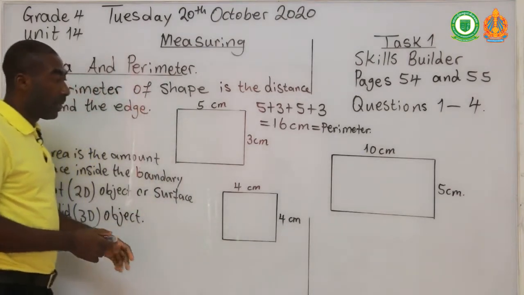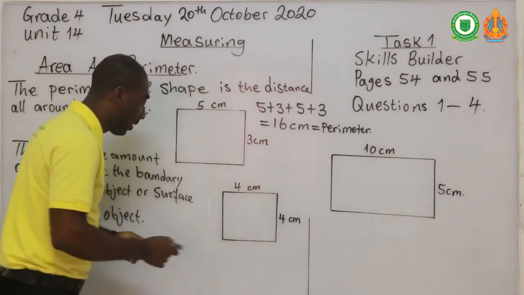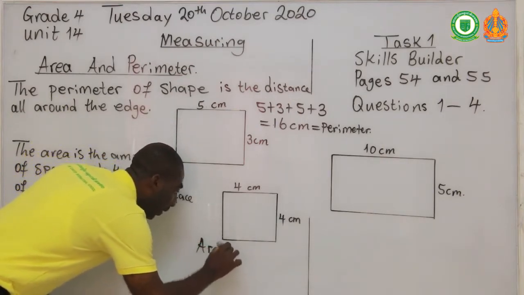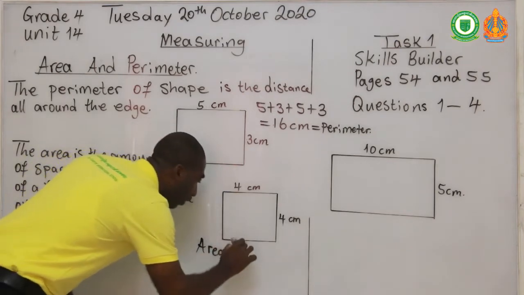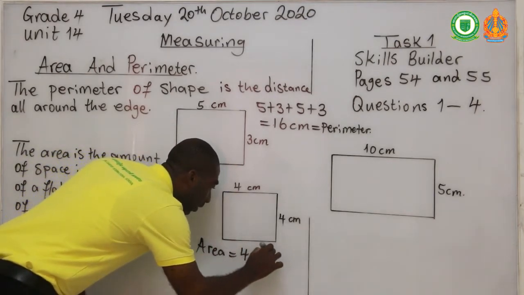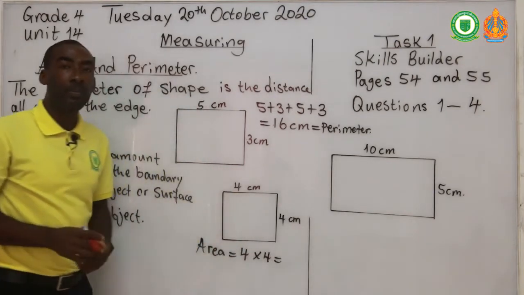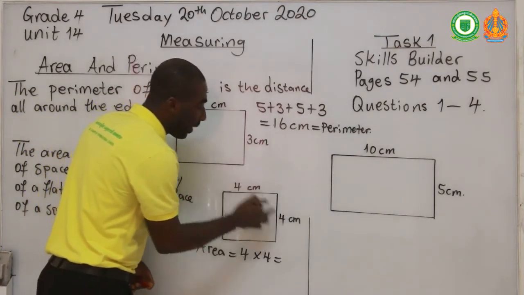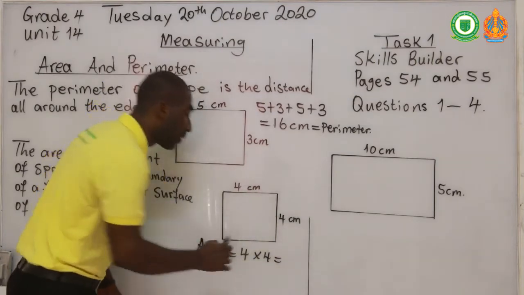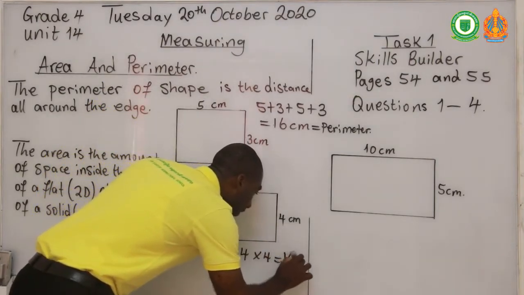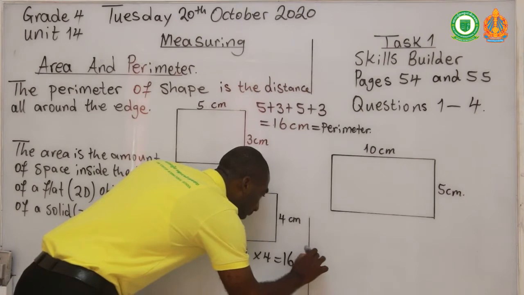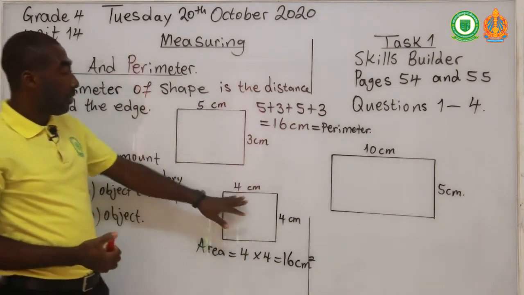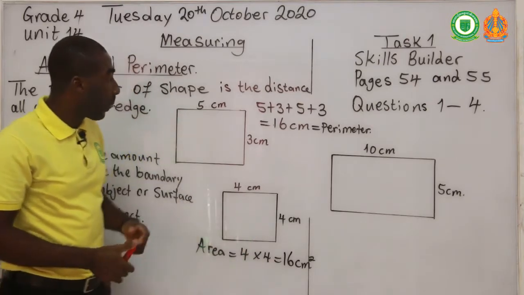So area is equal to 4 times 4. Don't forget that we are also multiplying the centimeters as well. So it's going to give us 16 centimeter square.